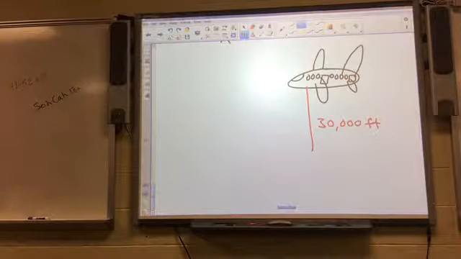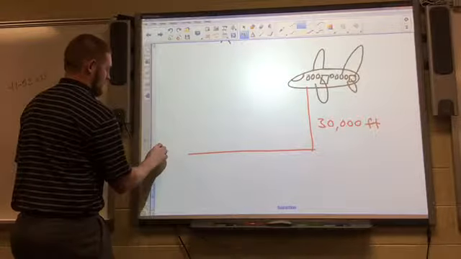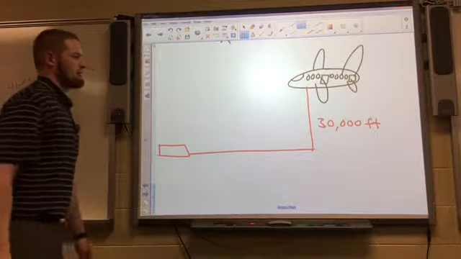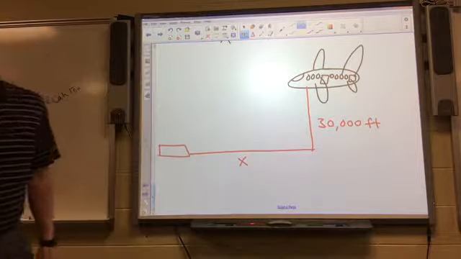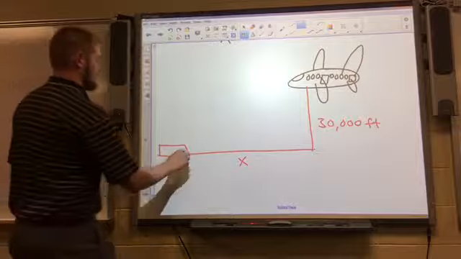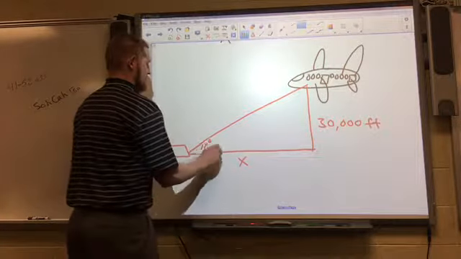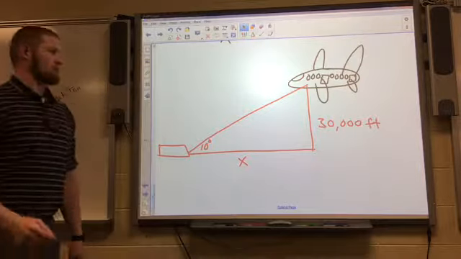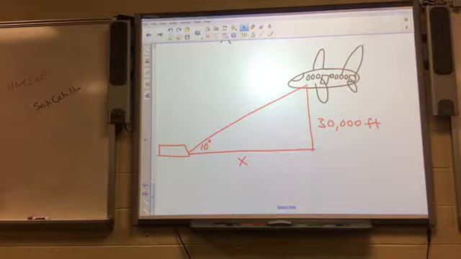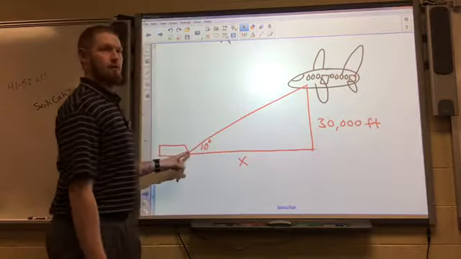Okay, so the airplane is 30,000 feet up. I have this length to my runway, so here's my runway, and my angle of elevation is 10 degrees. We want to know how far is the airplane from the runway.